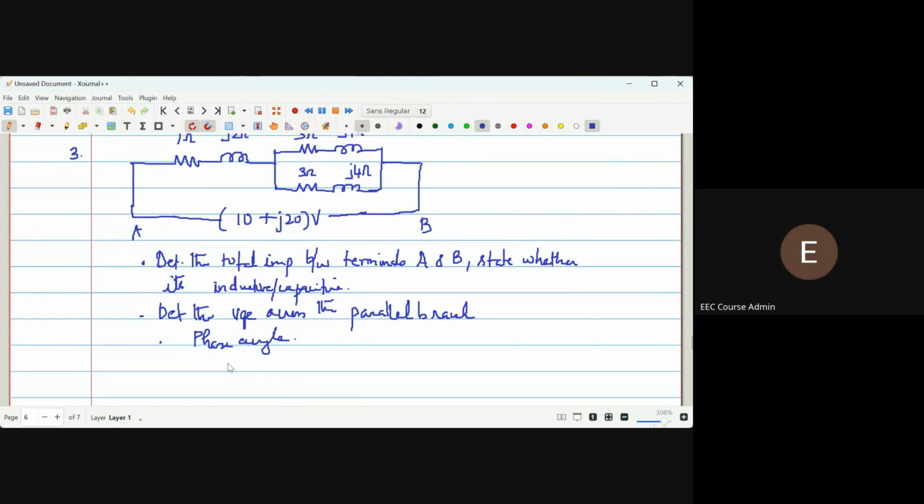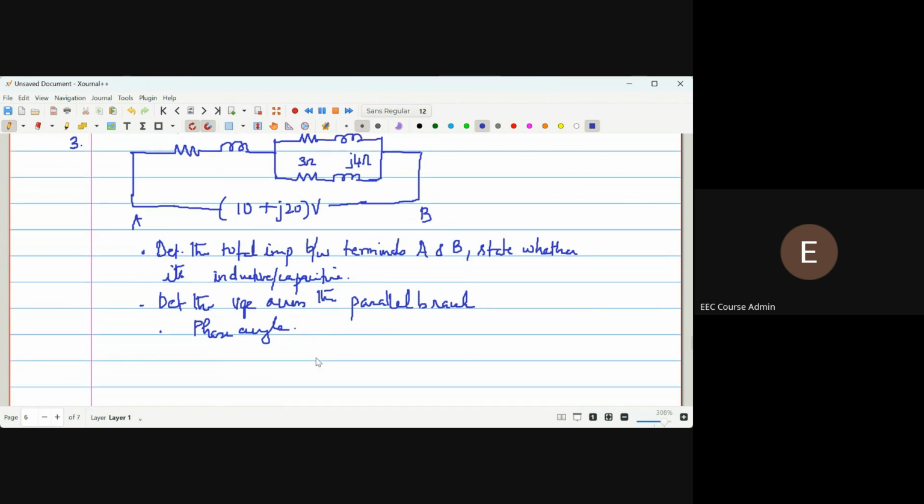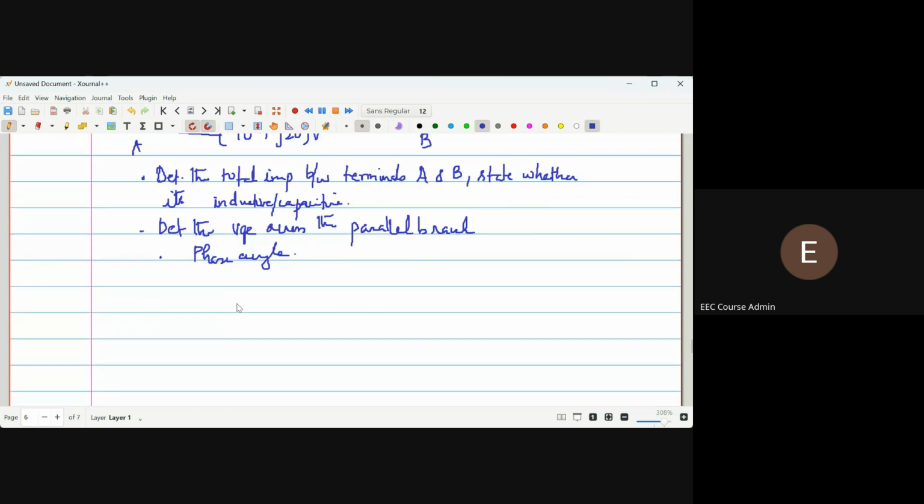So here you can see that each of these parallel branches is 3 plus J4. What do you have here? 1 plus J2. So 3 plus J4 parallel 3 plus J4 will be 1.5 plus J2.